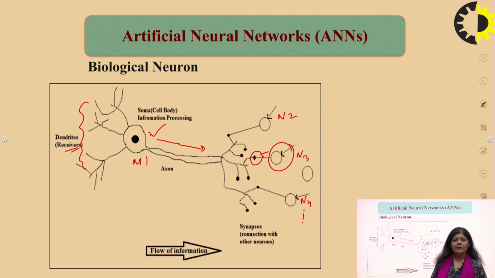They receive the information from the environment or from other neural cells, and then pass it on to the soma or the cell body for further processing. So this way, the information processed here then reaches the synapse, and then it is passed on to the next, or the interconnected, neurons.